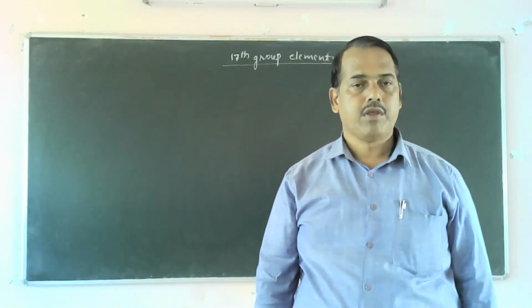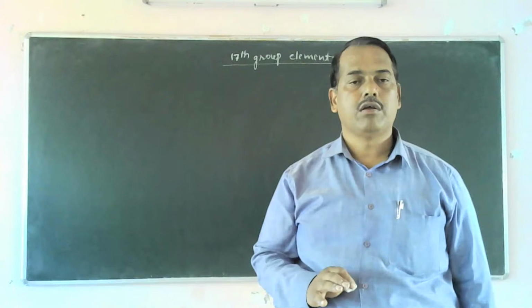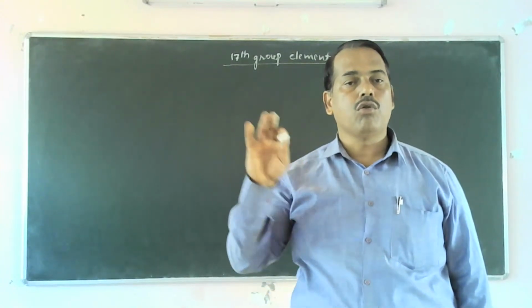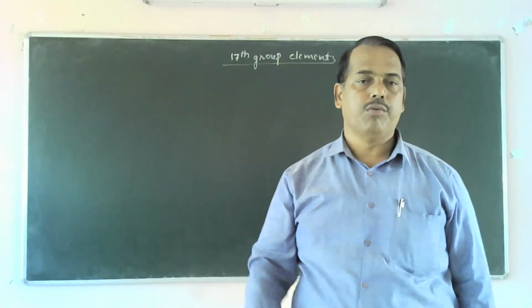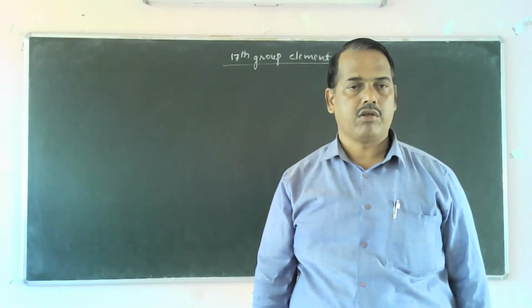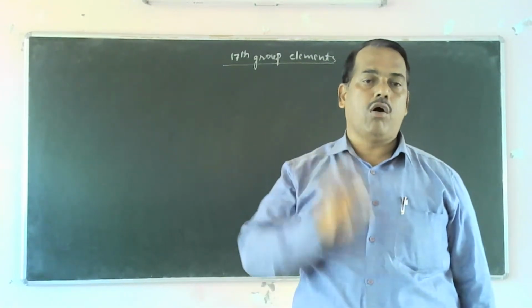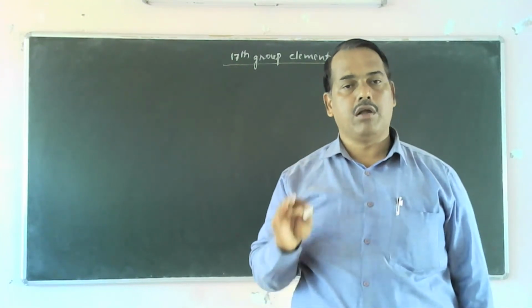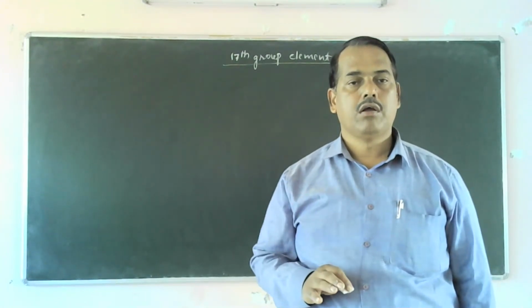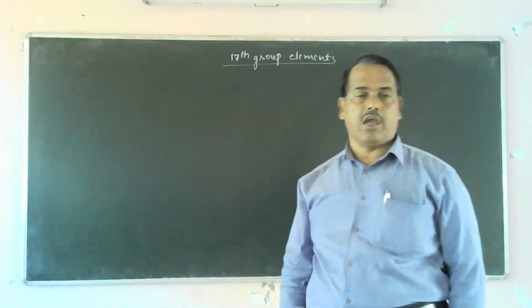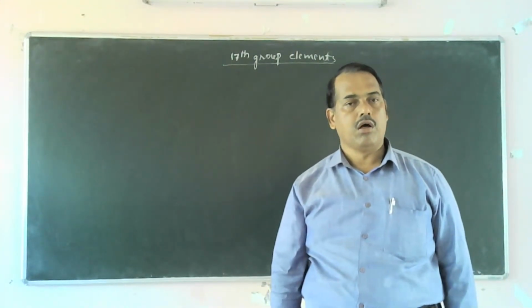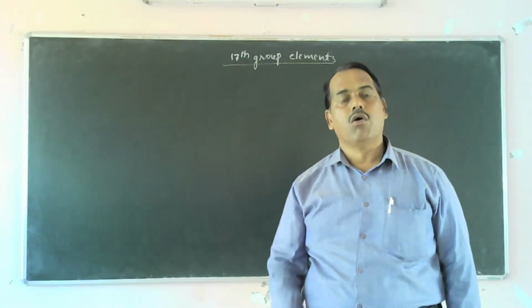Chlorine is prepared by the reaction between hydrochloric acid and manganese dioxide, MnO2. We studied the equation. Then again, it can also be prepared by the reaction between hydrochloric acid and potassium permanganate, KMnO4. Are you clear?